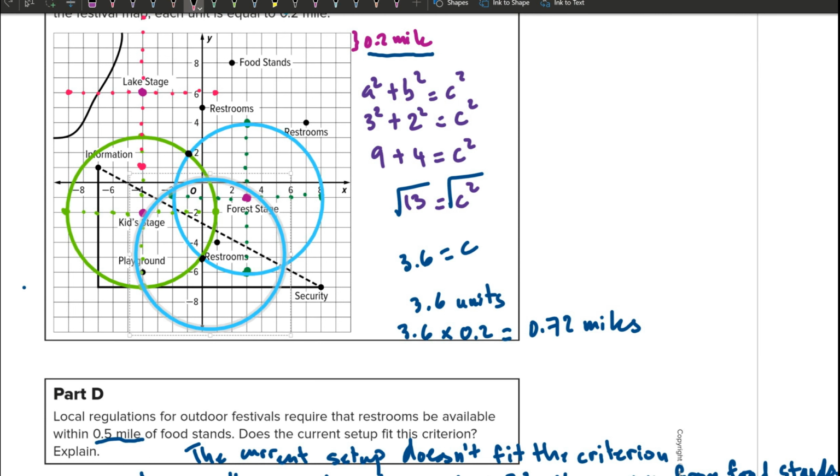Move it here, right here. And that is pink. Alright, the only point where the 3 circles intersect is this point. So this is the perfect location for the first aid station.